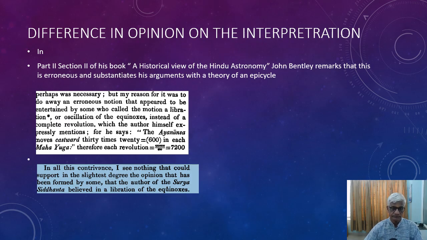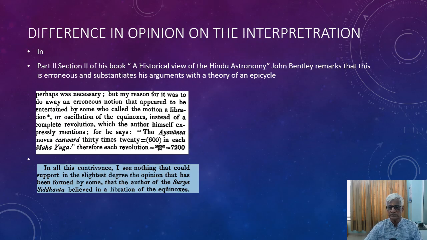He says the sutra actually says the Ayanamsa moves eastwards 30 times in each Mahayuga. He also remarks that in all this contrivance, I see nothing that could support in the slightest degree the opinion that has been held by some that the author of the Surya Siddhanta believed in the libration of the equinoxes.